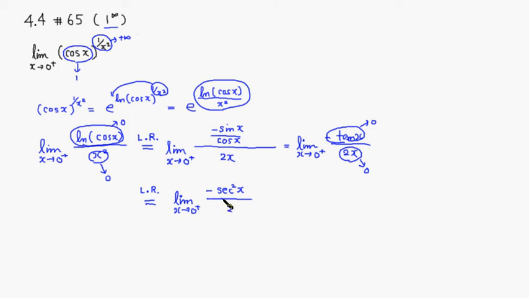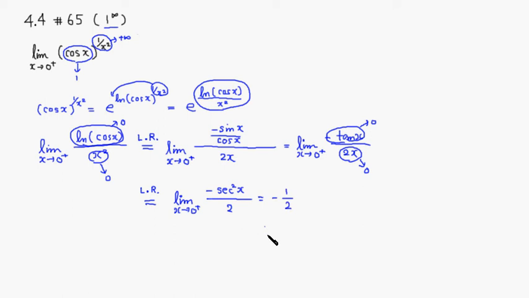This one is easy to evaluate because secant is the reciprocal of cosine. Cosine of 0 is 1, so the reciprocal of 1 is still 1. So it's 1 squared, with the negative, giving negative 1 on top over 2.